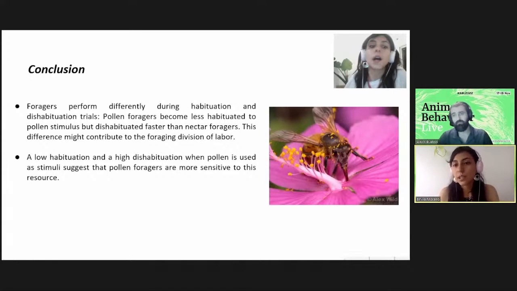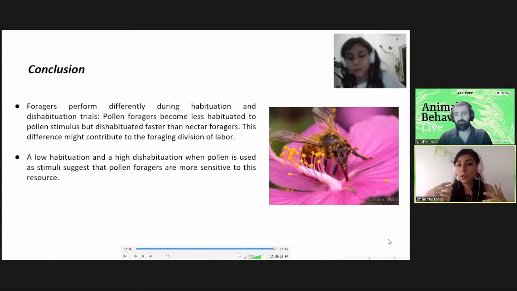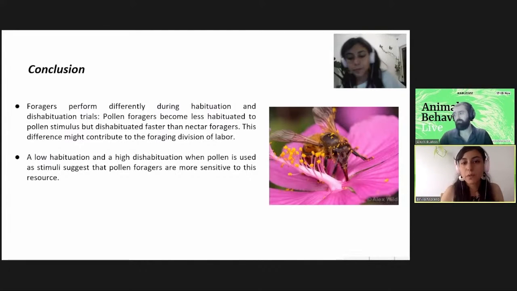Those cues and signals from inside the hive, or the cues and signals they receive outside the hive during foraging or at the feeder while they are collecting, will definitely influence and change these responses. So I think it's important that we ask bees at different foraging moments, when they arrive and depart from the feeder, but also when they arrive and depart from the hive, and also inside the hive before they unload pollen loads, or maybe after, because all these cues that they may be sensing may, of course, influence their responses.